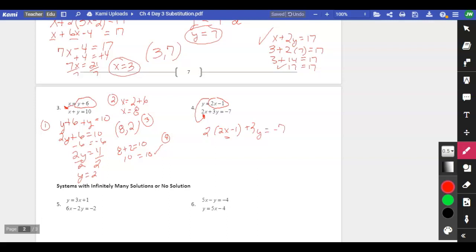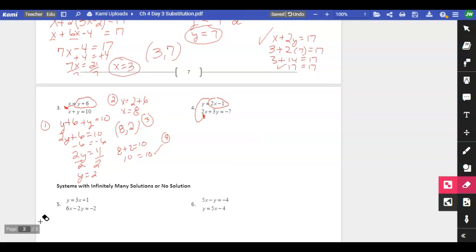Now wait a minute. I have an x and I have a y. I'm never going to be able to solve that when I have both an x and a y. It doesn't work. So that tells you right there something with your substitution was wrong. So we have to go back and take another look.